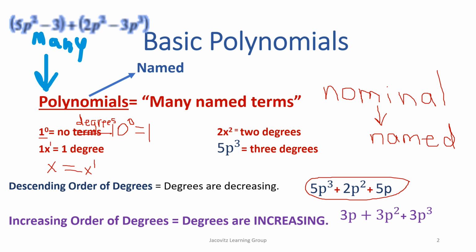So your descending order starts at 3 and goes down, and here they're increasing because 3 is the highest. Now here's the problem. If you're asked this on a test, most people are going to say they increase because the increase is here, but they mean in the way that they're written going towards the right. So when they're going towards the right, they're increasing. Most of the time, they're written in descending order, though.